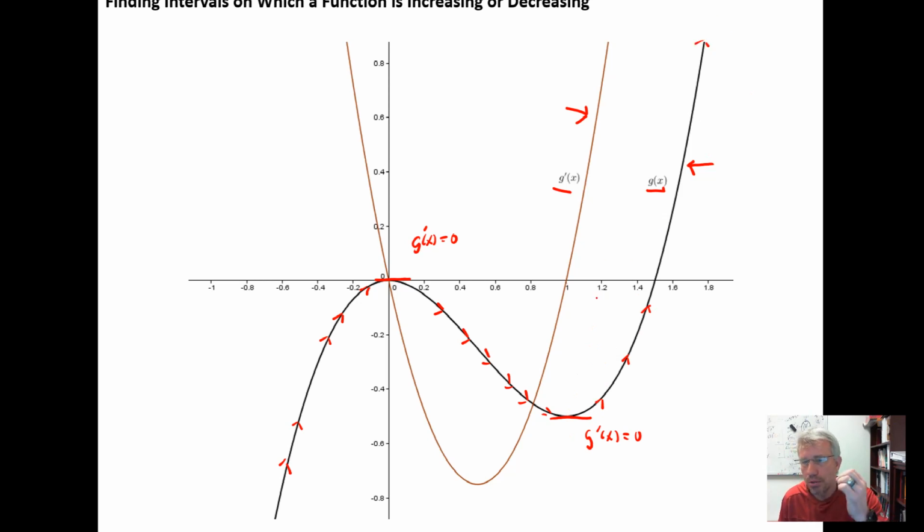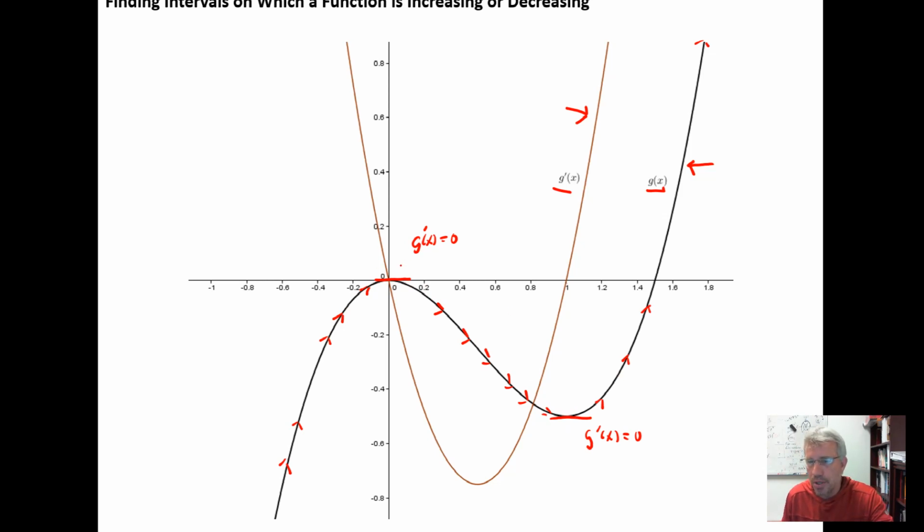So the first thing to notice is that the derivative being equal to 0 at x equals 0 and x equals 1 is establishing the break between the function being increasing and decreasing, or decreasing and increasing.